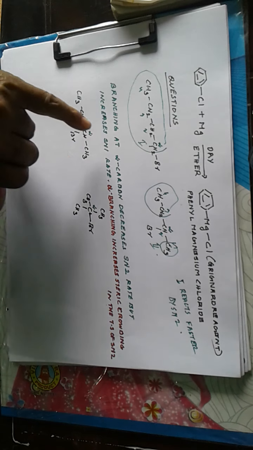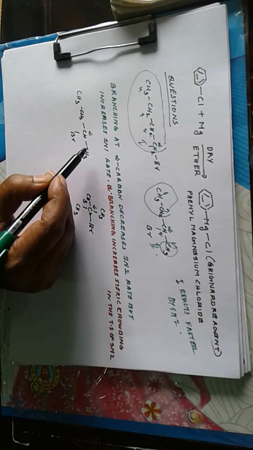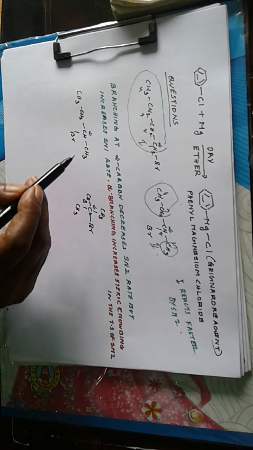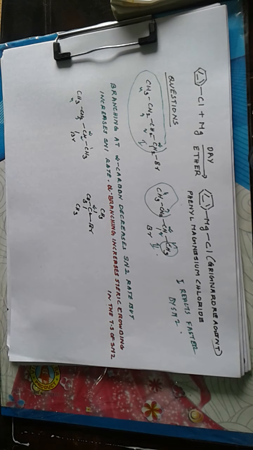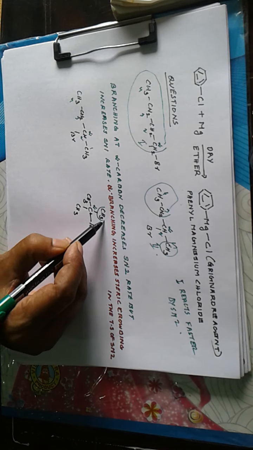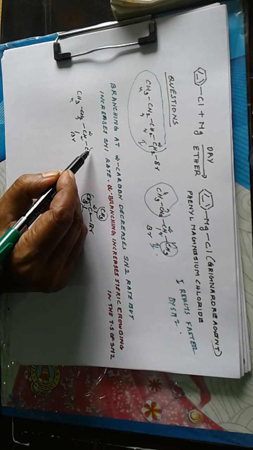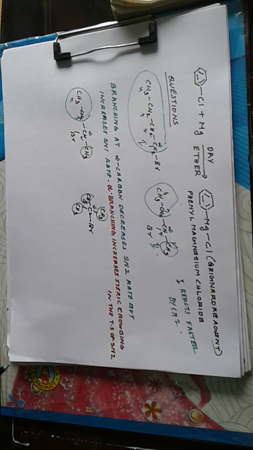Now the reason is branching at alpha carbon decreases SN2 rate but increases SN1 rate. Alpha branching increases steric crowding in the transition state of SN2. Now two other compounds are given, 2-bromobutane and tertiary-butyl bromide. Of course, there are three alkyl groups in tertiary-butyl bromide, whereas there are only two alkyl groups in the other. So alpha branching is higher in this compound, and when alpha branching is higher, the SN2 rate is lower.